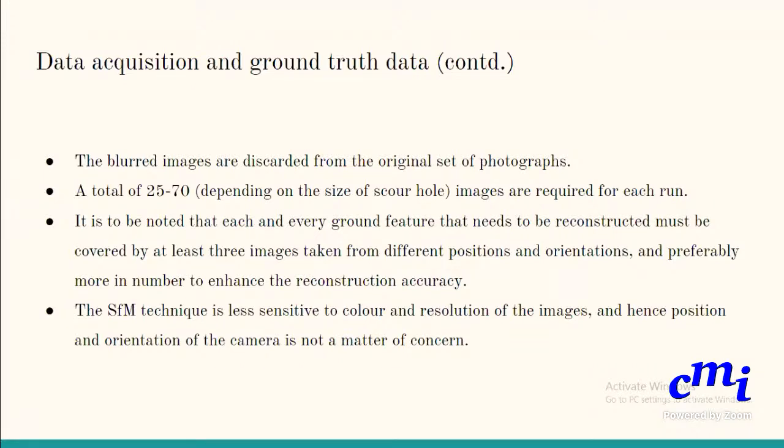It is also noted that each and every ground feature that needs to be reconstructed must be covered by at least 3 images taken from different positions and orientations. Probably taken more, but at least 3 is needed. And the SFM technique is less sensitive to the color resolution of the images, so the position and the orientation of the camera is not a matter of concern, though there are some cautions. I'll talk about that later.